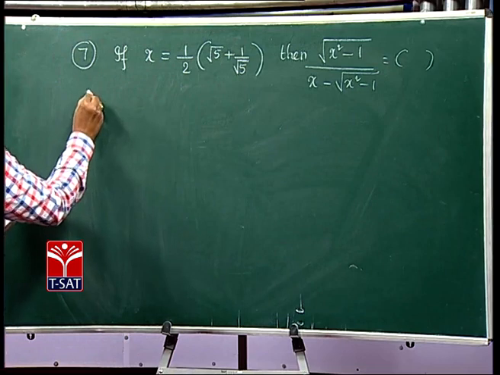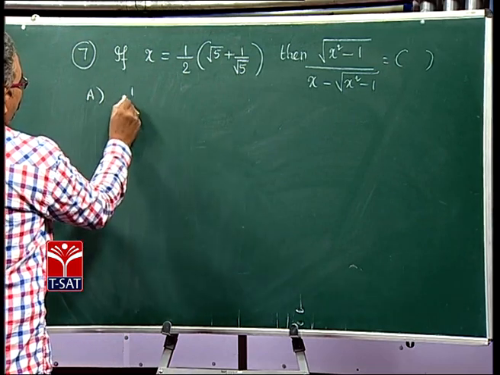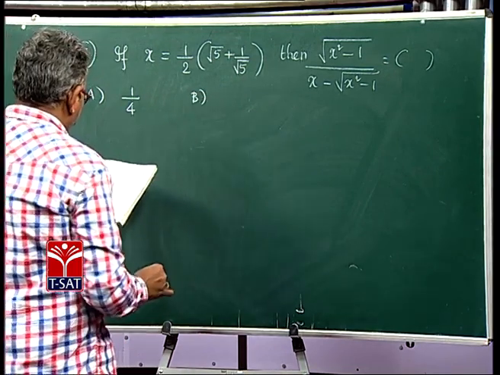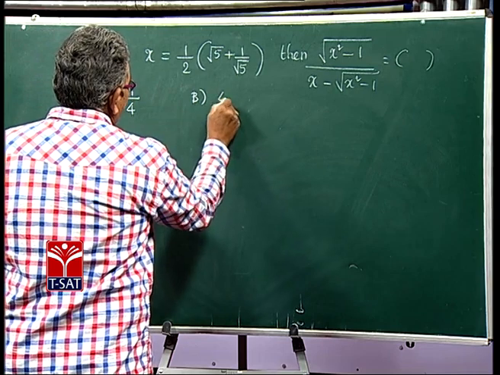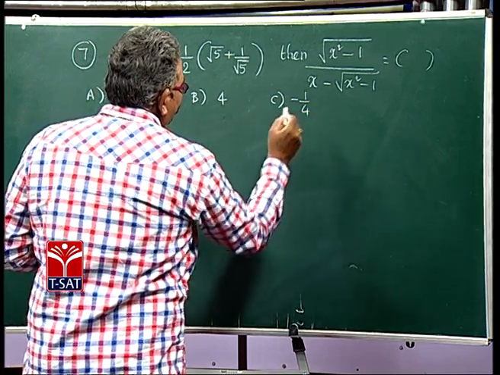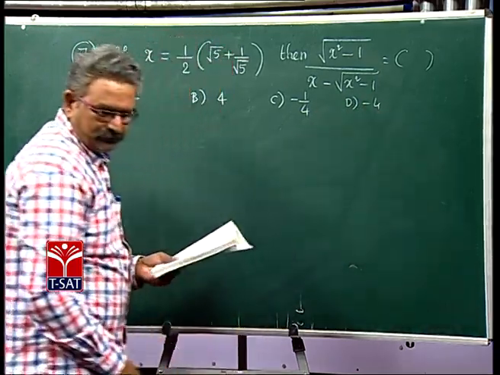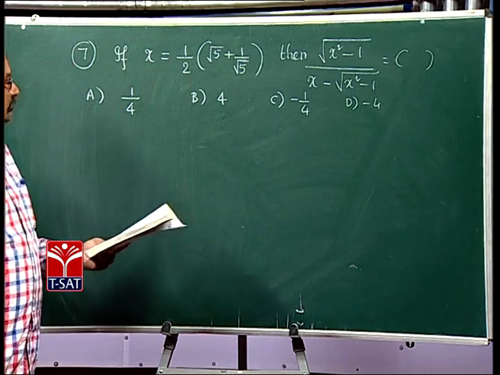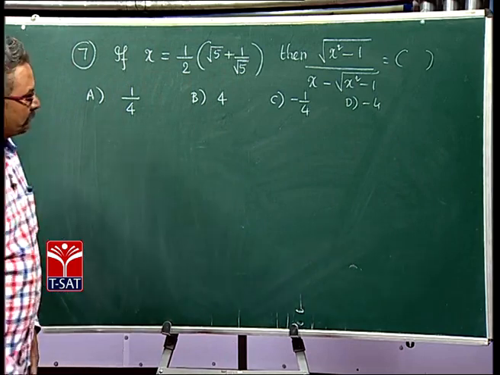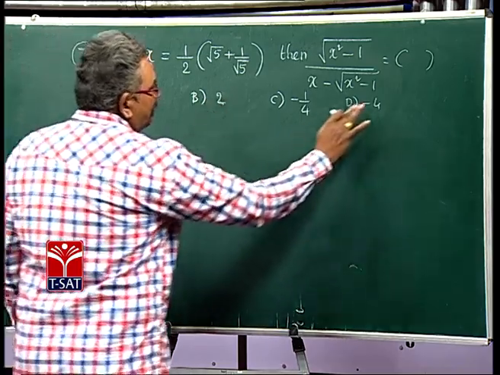Here option A 1 by 4, option B 4, option C minus 1 by 4, option D minus 4. Okay. So let us take option B as 2, this will be minus 2.